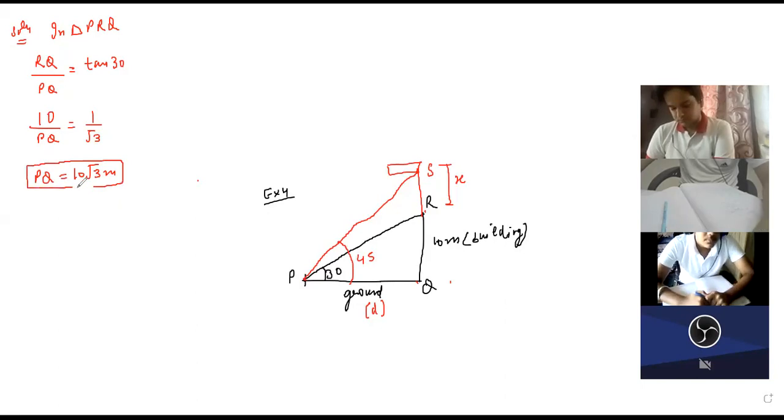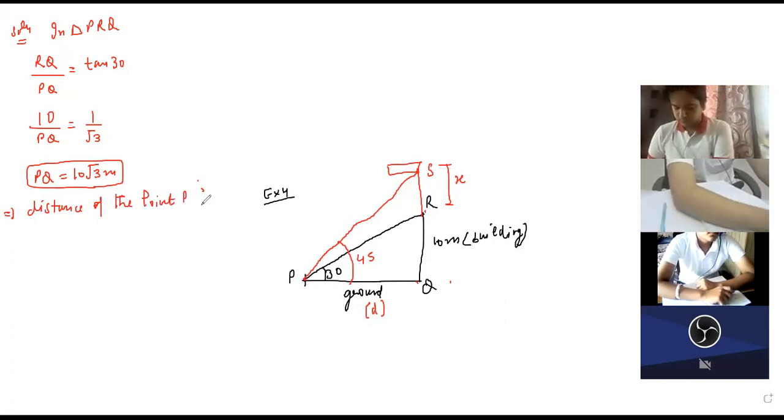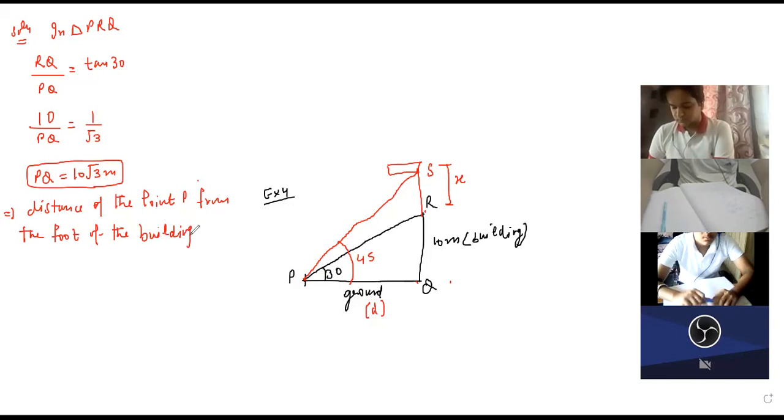PQ is equal to 10 under root 3, which implies the distance of the point P from the foot of the building is 10 under root 3 meters. This is the first one.